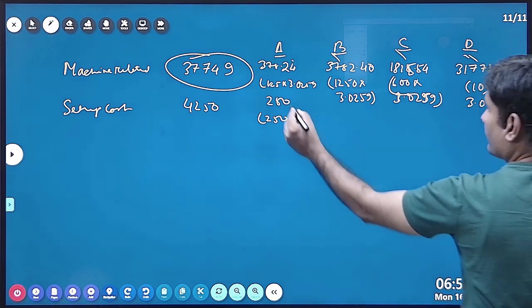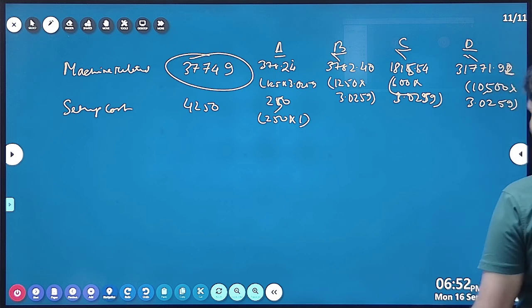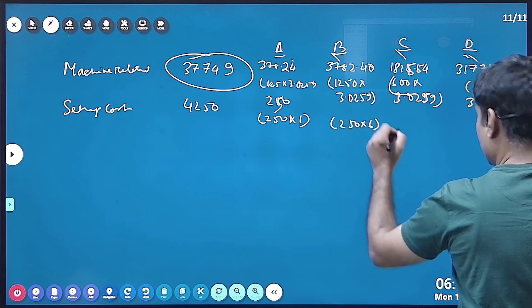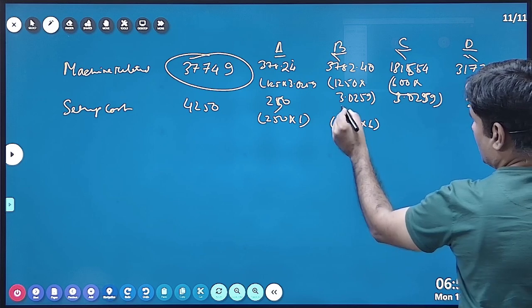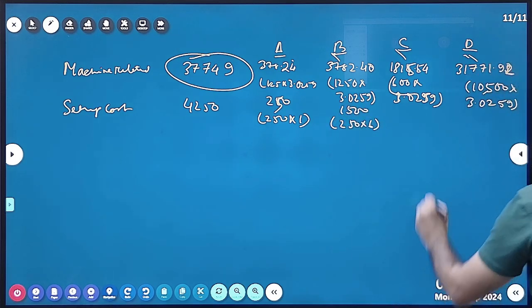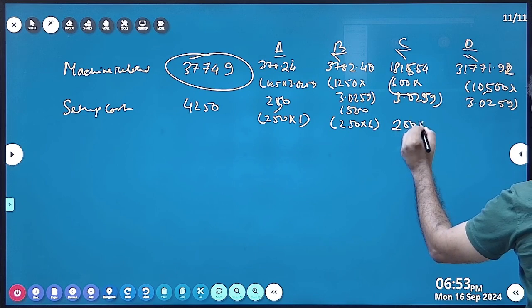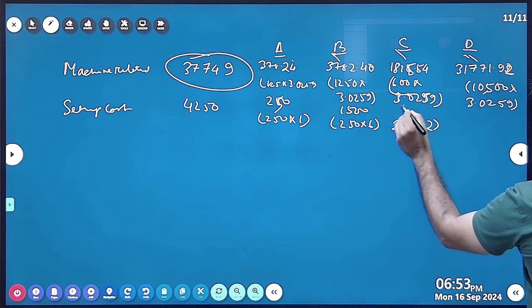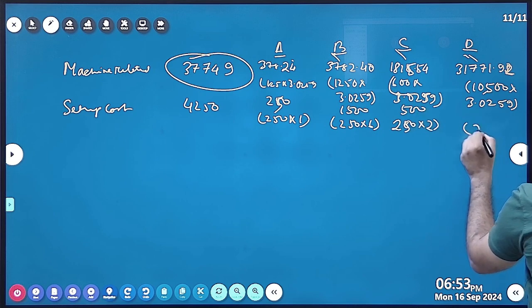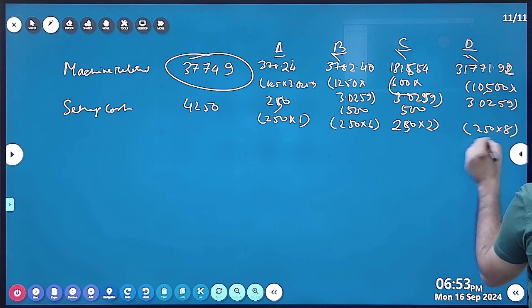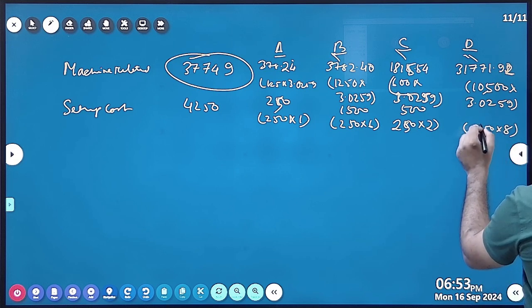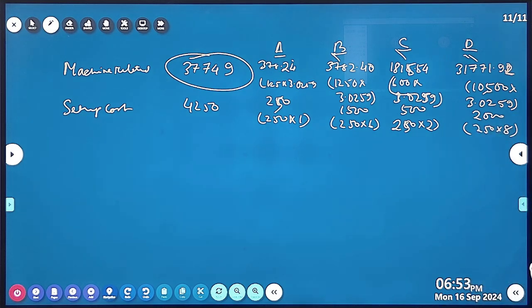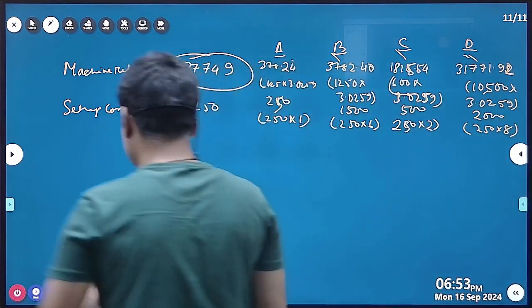So it will be 250 into 1, 250. This will be 250 into setup 2, 500. 250 into 8, how much? 2000. Then next is ordering cost.